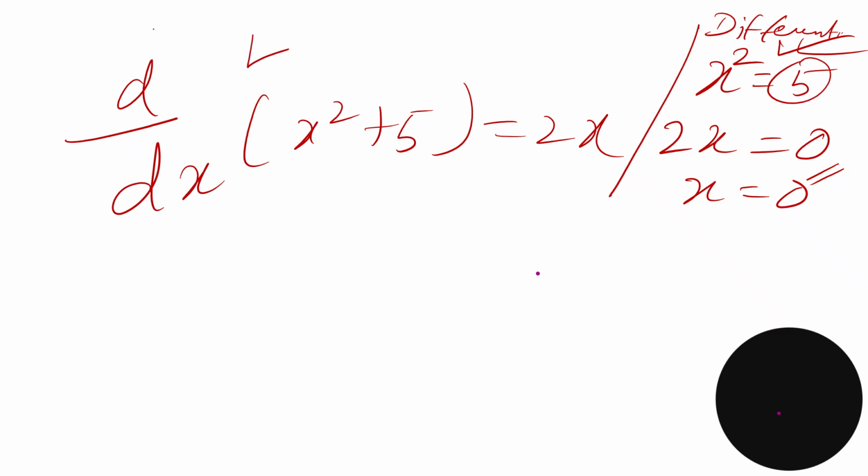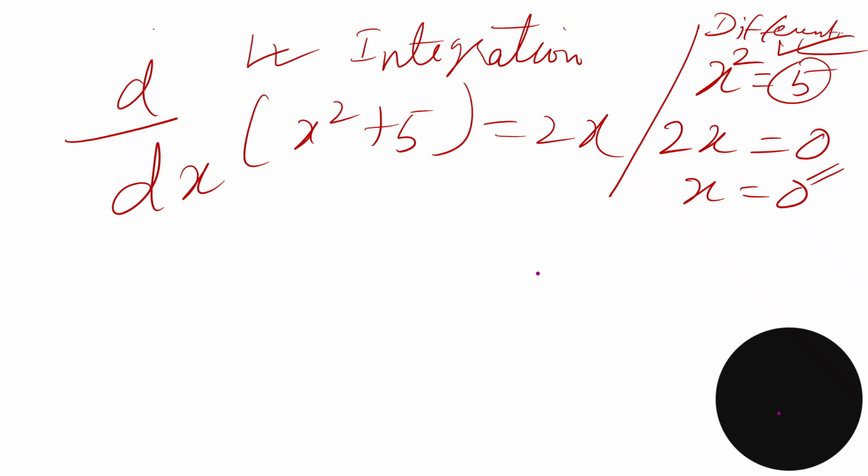But in integration, we cannot determine what constant was originally present. That is the actual truth. So we write plus c, called the constant of integration.